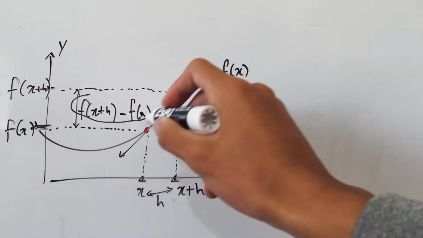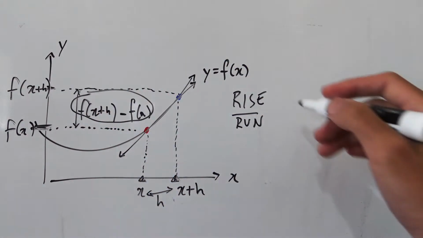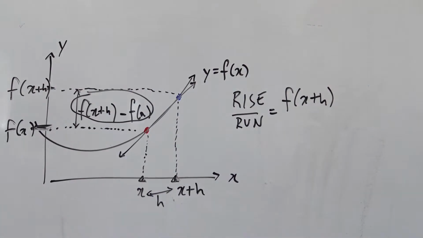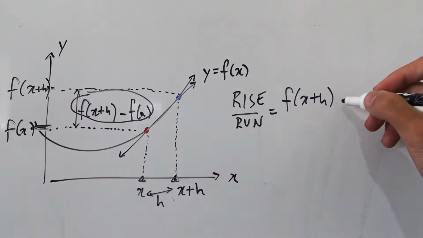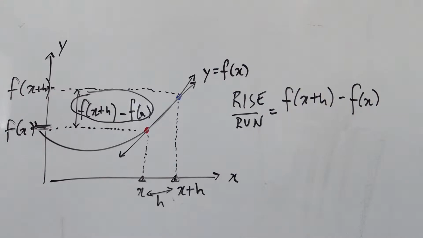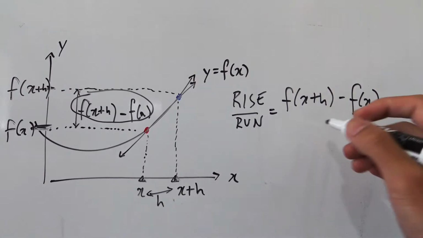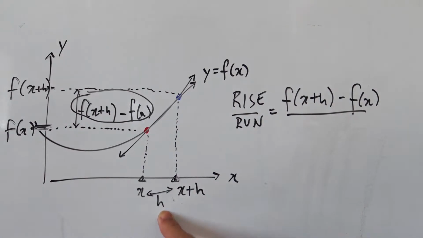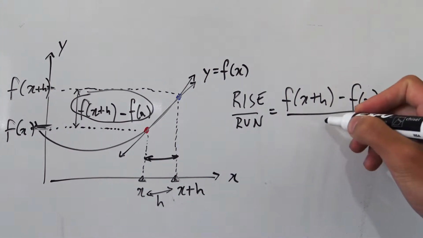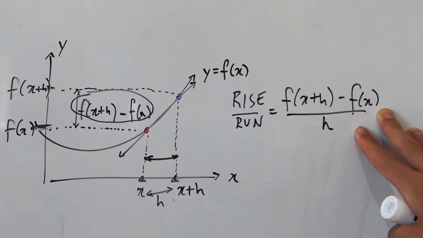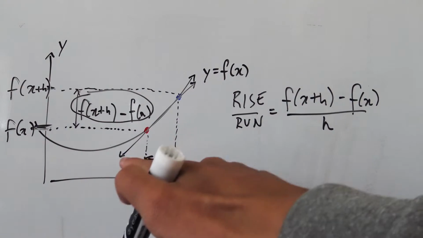Now we have to find our run, but we defined it as h, because these 2 points are just some h distance away from each other. So our run is simply h. There you go, this will be the gradient of our secant line.